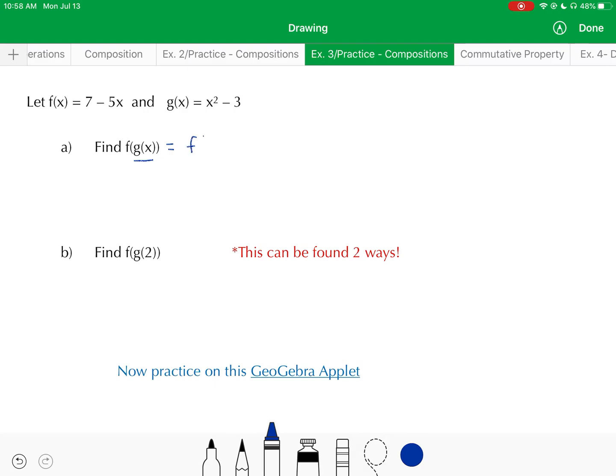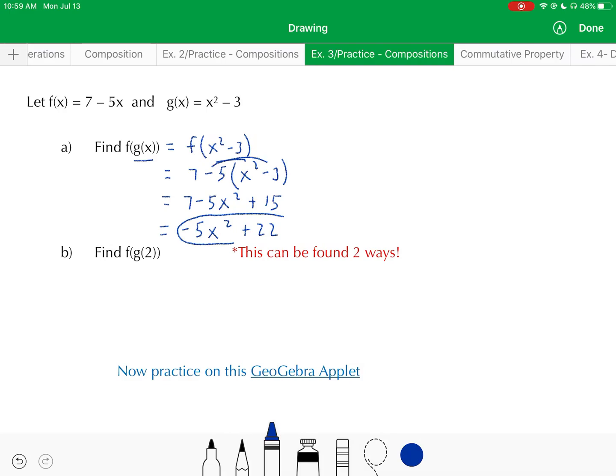So I'm going to substitute that in and evaluate the function f with x squared minus 3, which simply means in the function f, wherever I see an x, I replace it with x squared minus 3 and then simplify. That's going to lead me to -5x squared plus 22. So notice I'm getting an equation, in a sense, to represent the function f of g of x.